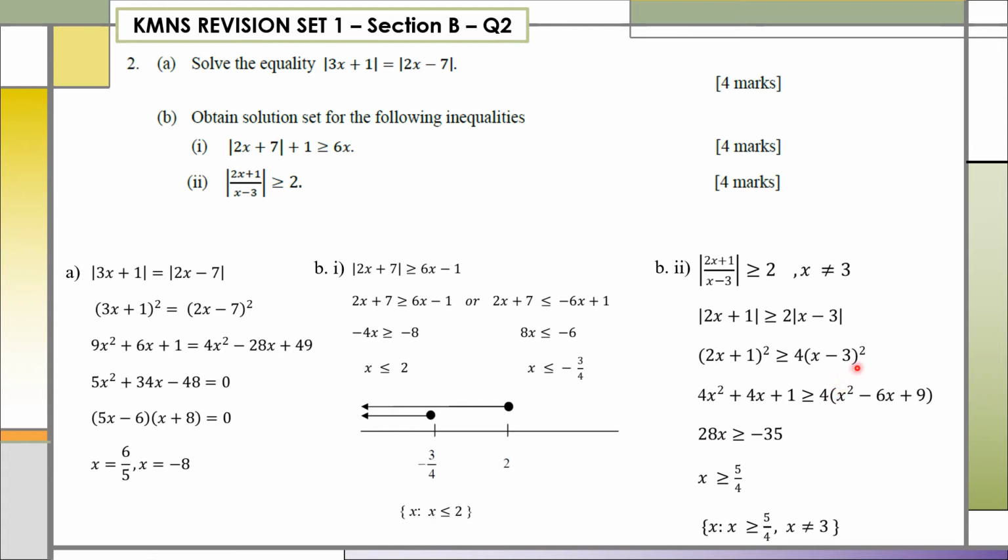But if you use the square method like I did here, we just have one final answer. And remember, it's not just x more than or equals to 5 over 4. We also have to include x cannot equal 3 from the condition in the inequality at first, because you can see x cannot equal 3 since x minus 3 is in the denominator.